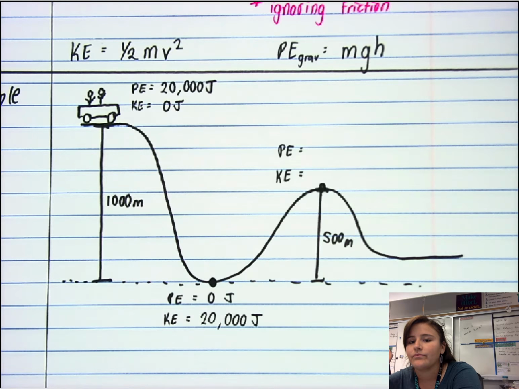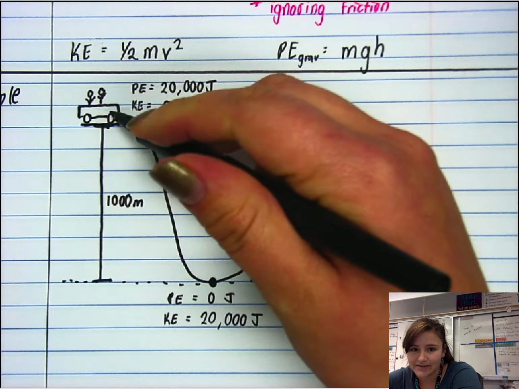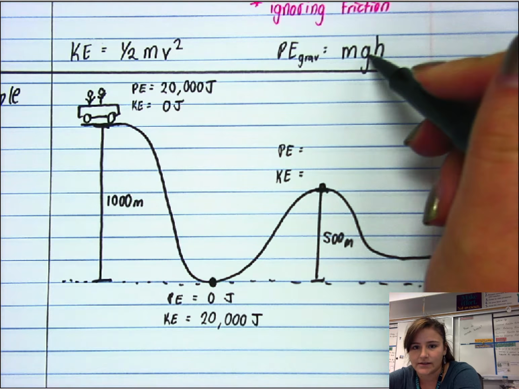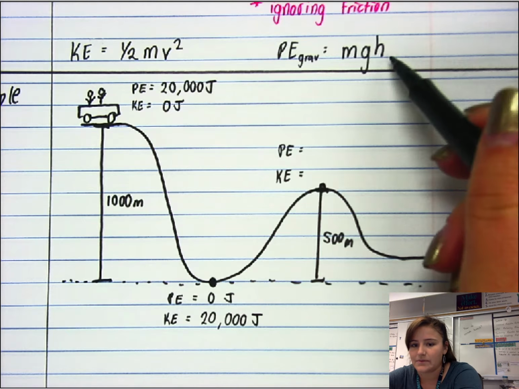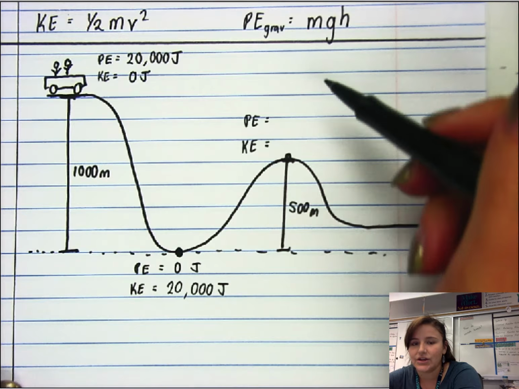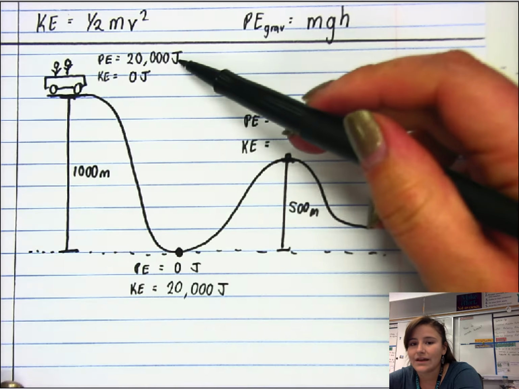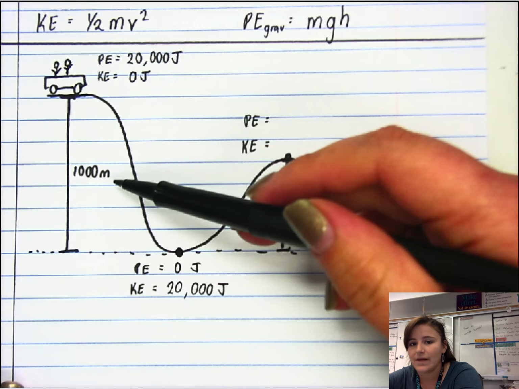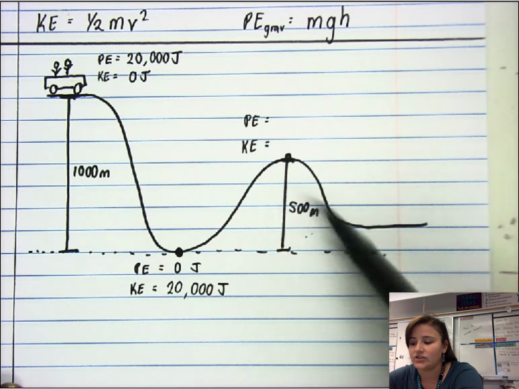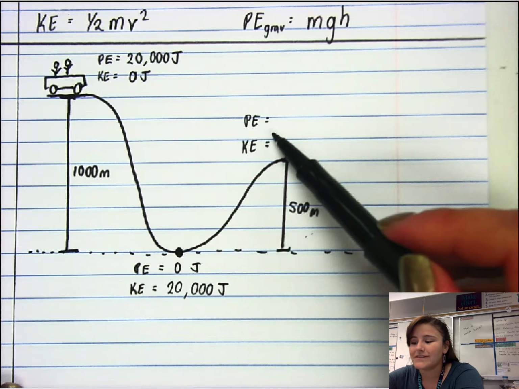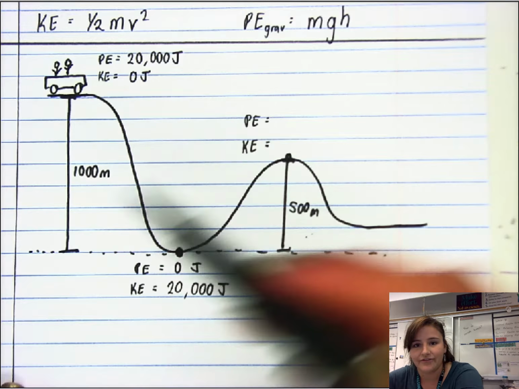So it's going to have some potential energy and some kinetic energy. Okay. I didn't tell you the mass of this cart, so we can't find it using this equation. However, I know that it's directly proportional to the height. So if it was 20,000 joules when it was 1,000 meters tall, this is half the height. Okay, 500 is half of 1,000. So the potential energy is going to be half as much.